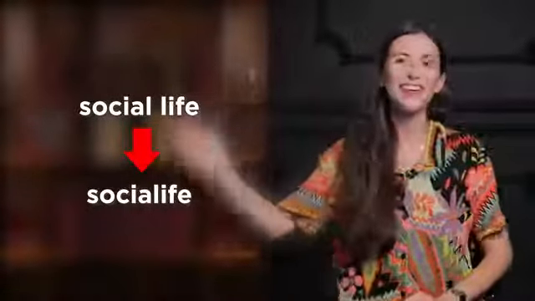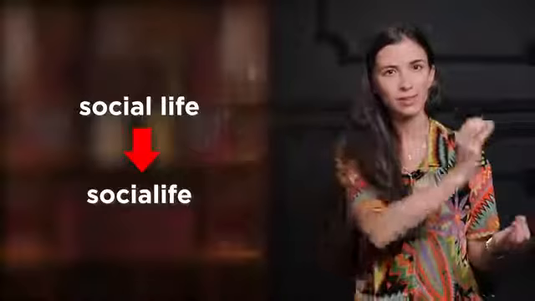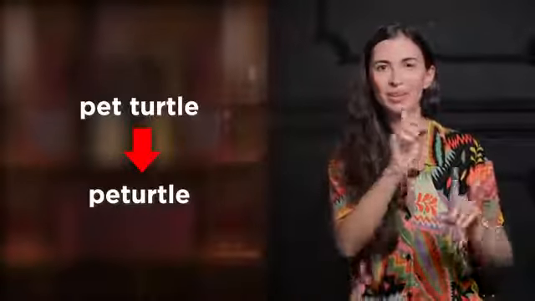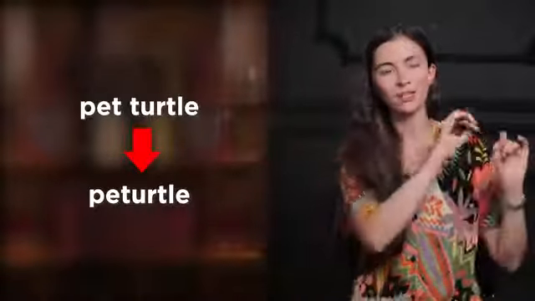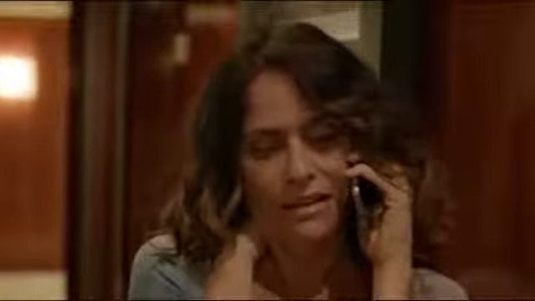But we don't say social life, we say social life, because we just connect them and we make one word out of two words when we talk. And this just helps us sound more natural. Social life. What about your social life? Woke up, we would just say woke up. Pet turtle, here we have two T's that are together, we just connect them. Pet turtle, that's it. We got a new pet turtle!